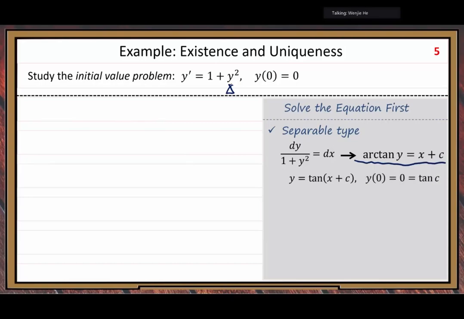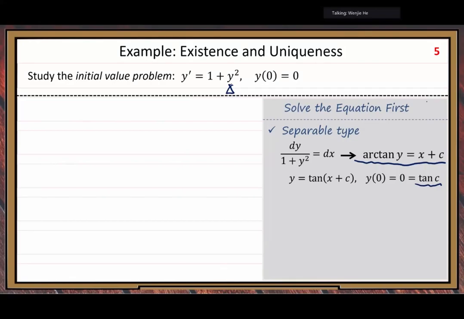So the initial condition, y of 0 equals 0, tangent C equals 0. So what is that C? 0, pi, 2 pi, right? Integer multiple of pi.